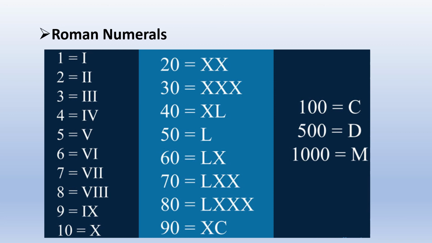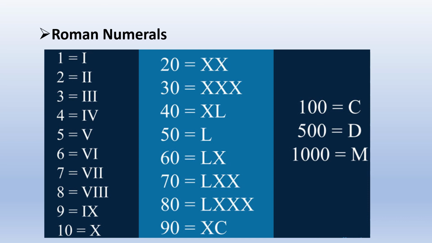Now, when you look into these Roman numerals, can you see 1 was represented by an I, 2 was represented by II, and 4 is represented by IV, right? 5 as V. C is given as a representation for 100, and 500 was mentioned as D and M as 1000.